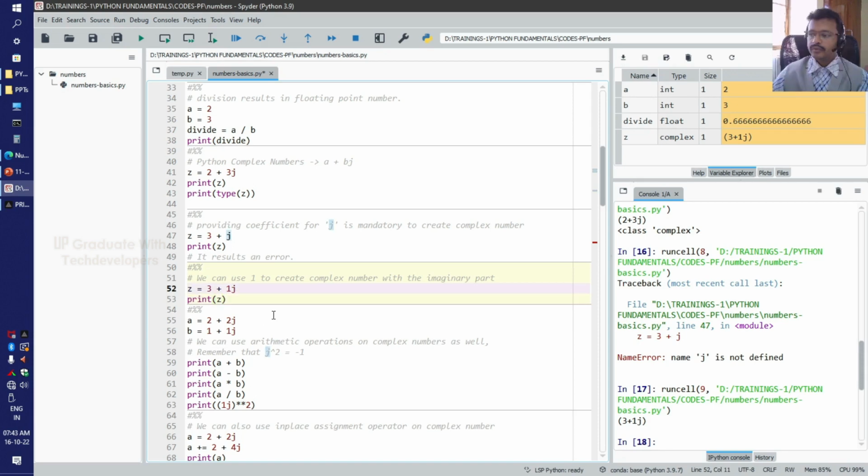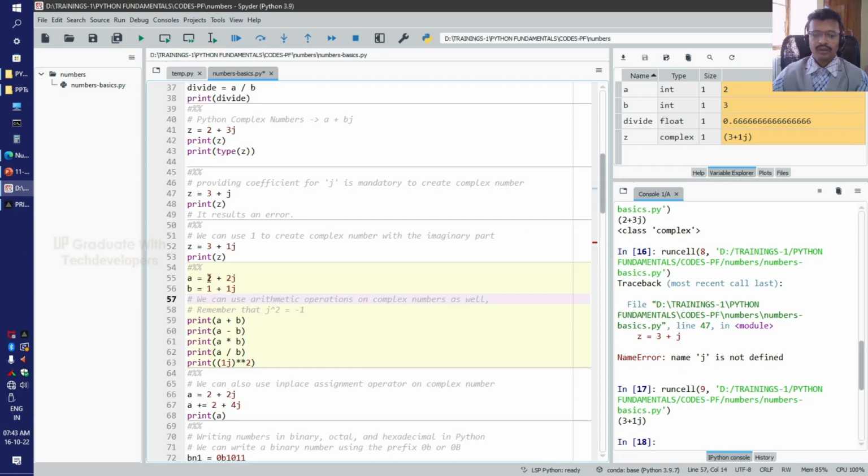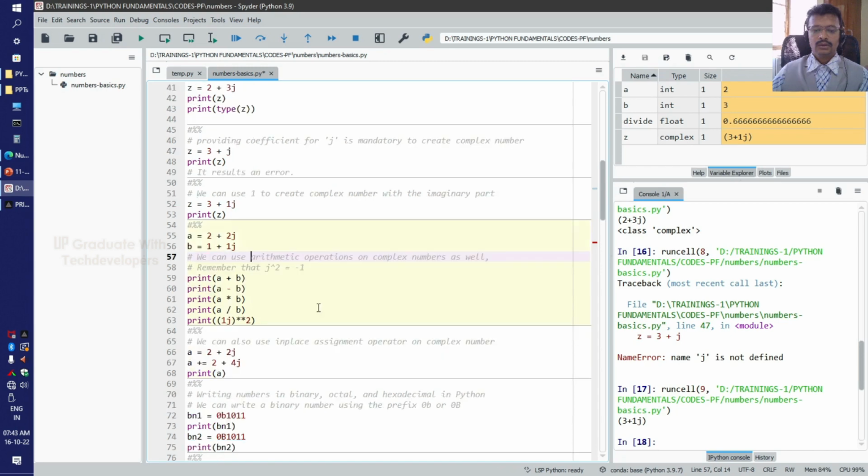We can perform arithmetic operations on complex numbers. For example, here I have taken A as 2 plus 2j and B as 1 plus 1j. These two are complex numbers. Let us perform some arithmetic operations on these two complex numbers. And remember that in mathematics we know that j square is nothing but minus 1.